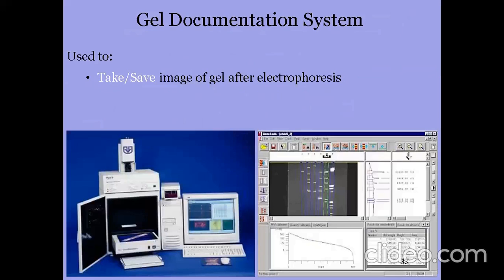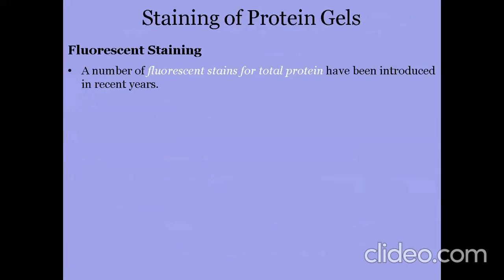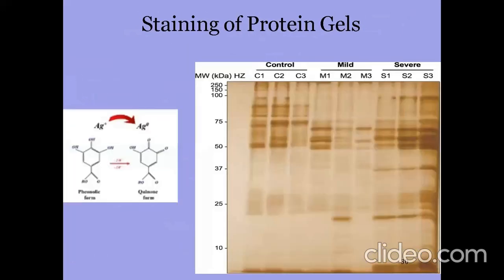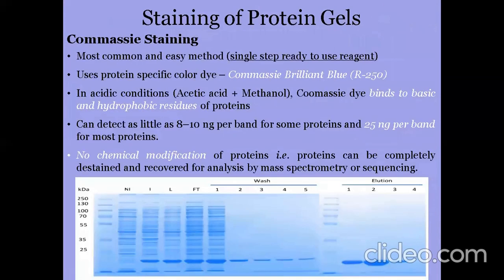We can use a ladder of known sizes, and with that we can run our polypeptide and measure the size of the band of our protein in comparison with the ladder, the marker actually.